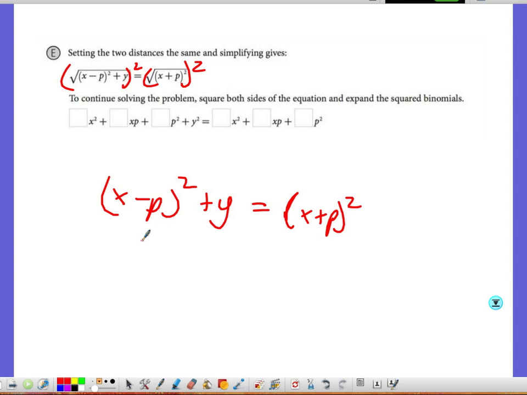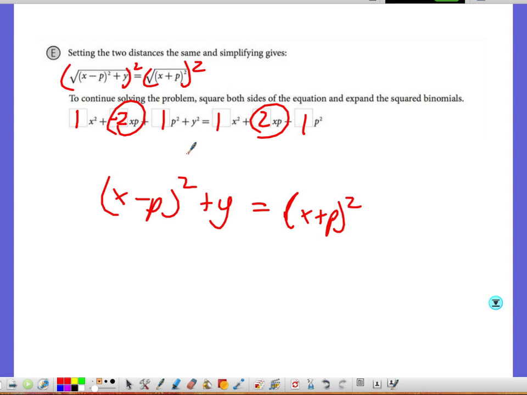Okay, when we expand the parentheses, we should have 1x squared minus 2xp plus p squared plus y squared, and 1x squared plus 2xp plus 1p squared. Now we can go ahead and combine like terms here.